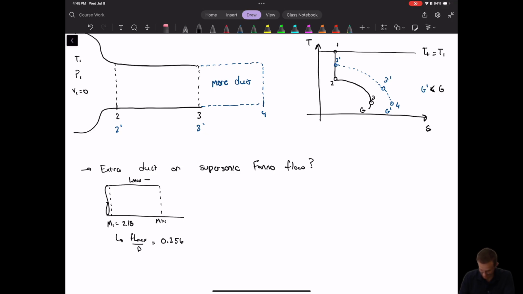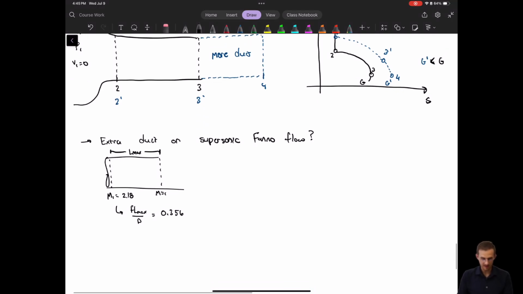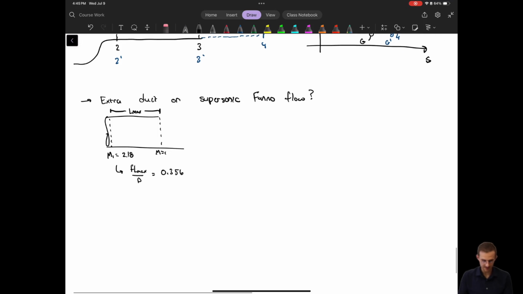So say we traveled down the duct a certain distance until we reached M equals 1, and then that was Lmax. And then if we wanted to add extra duct, what actually will happen is a shock will occur.